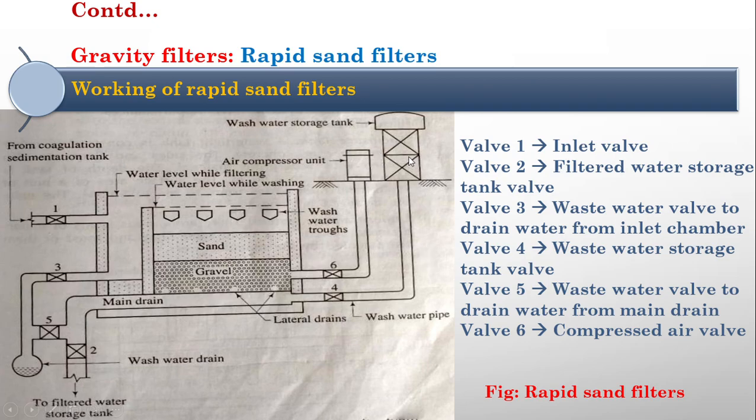Whenever necessary, this valve is opened and the water is allowed to fall here, and this valve will be closed at that time. The water will move through the filter, gravel and sand particles for backwashing, and all the impurities stuck here will be removed and given to the wash water trough. So these are the wash water troughs which are provided at the top of the sand.